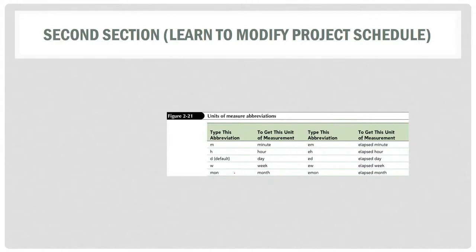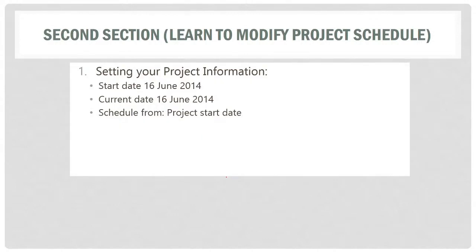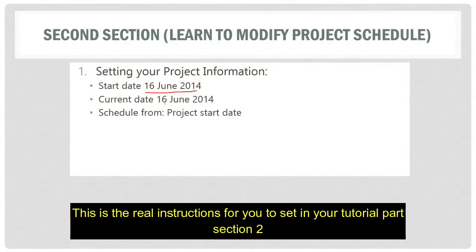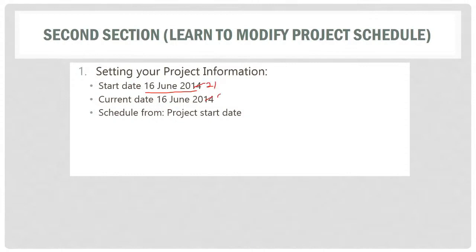The second section, you need to set up your project information on the 16th June, but this will be changed to 21, and this is 21. Schedule the project from start date.